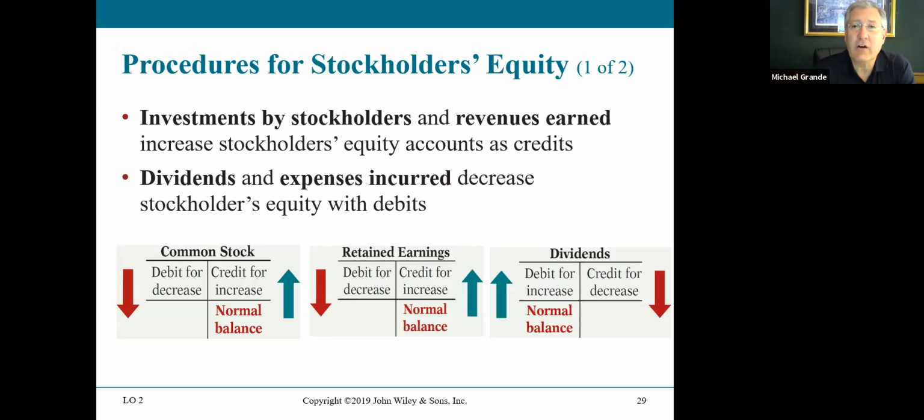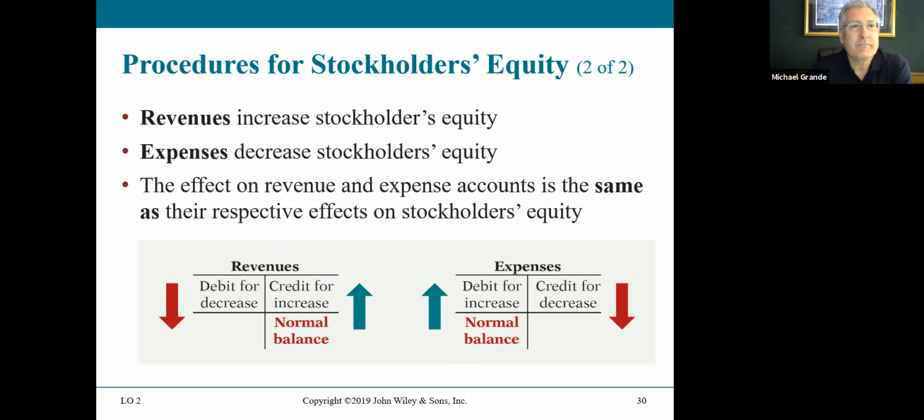So revenues are always a credit. Dividends and expenses decrease stockholders' equity. It's always a debit. So when you increase an expense, it's going to be a debit. And when you pay dividends, it's also a debit because those things decrease retained earnings.